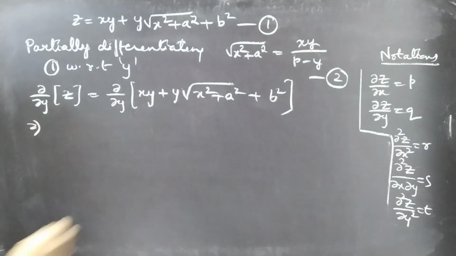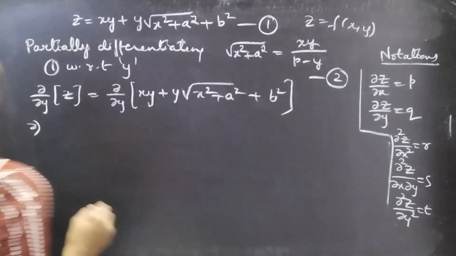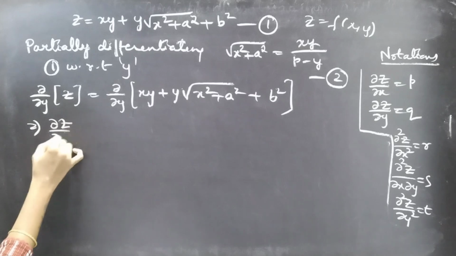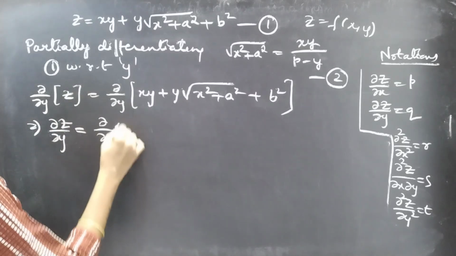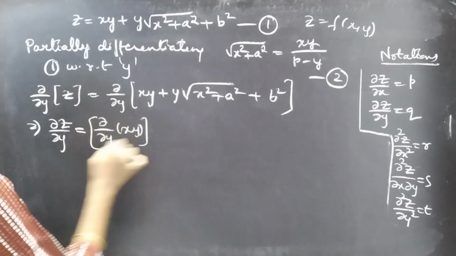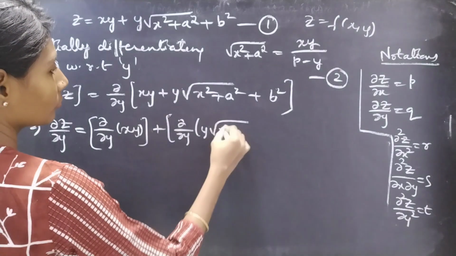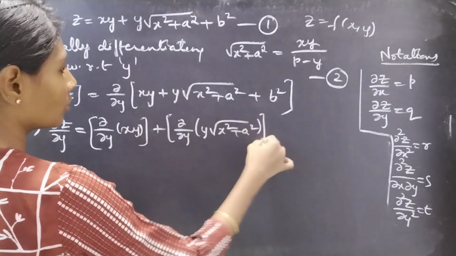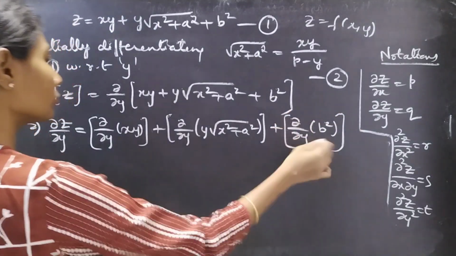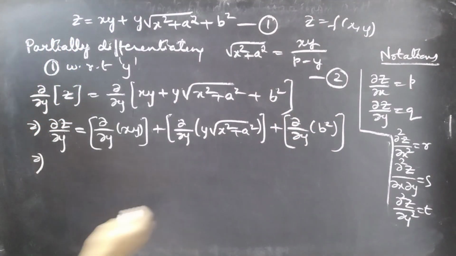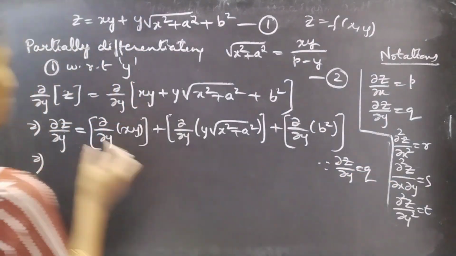Since z is a function of x and y, you'll get dou z by dou y equal to partial derivative of first term with respect to y, the second term, plus last term. Since we have a notation dou z by dou y equal to q, let's replace it by q.